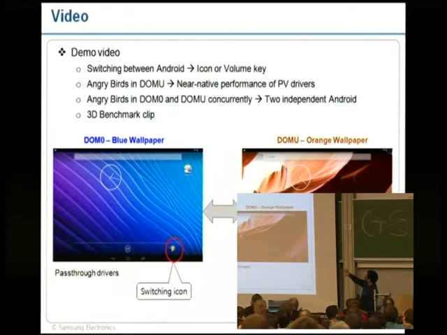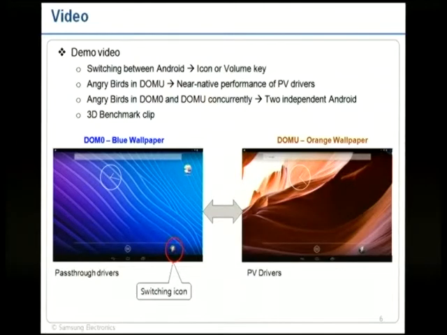Before I show the video, so that it's quite clear what you see, the DOM0, the main Android, would be of blue wallpaper, and DOMU will be of orange wallpaper. And we will be switching between the two domains using the icon and also using the volume button. We have annotated the video so you can clearly see.